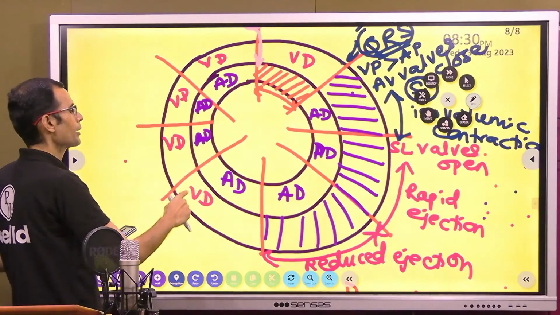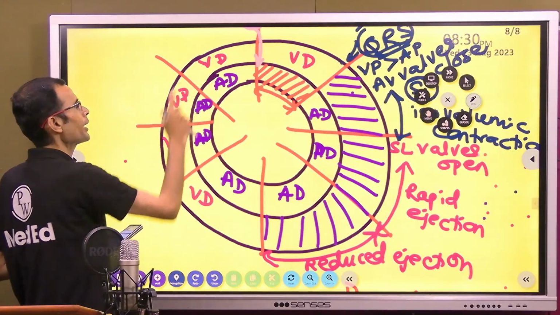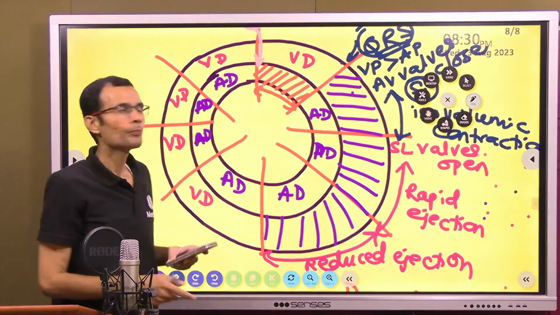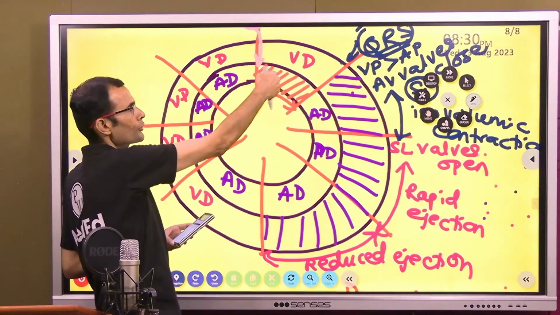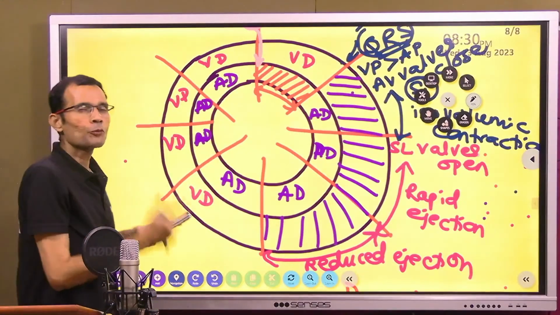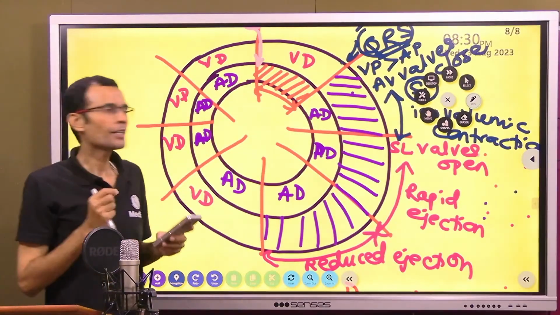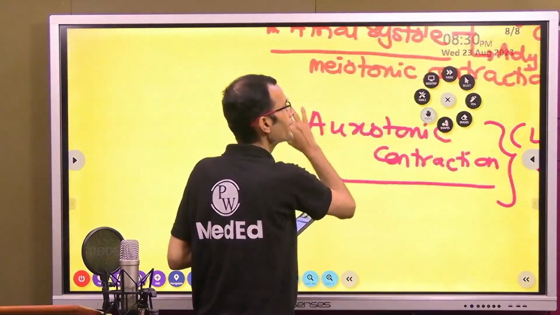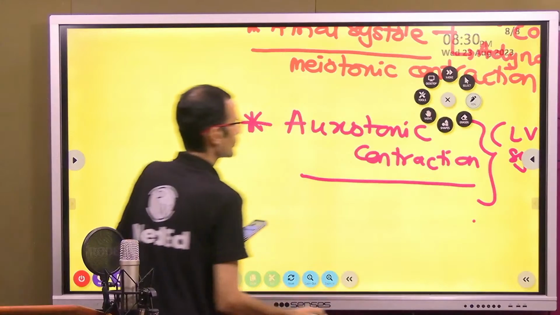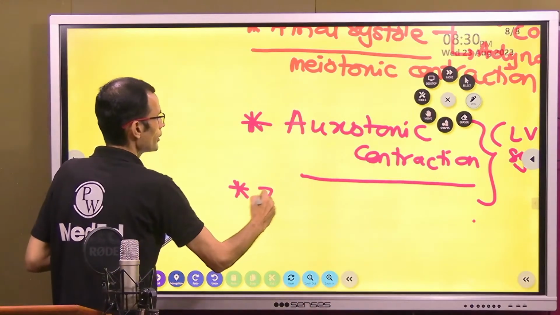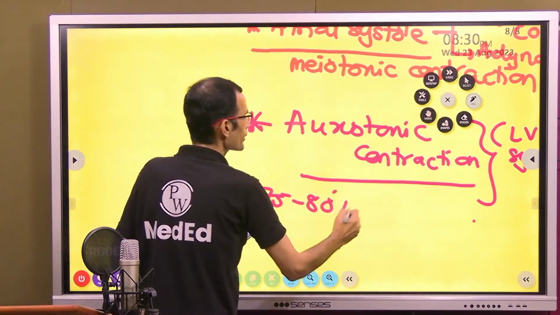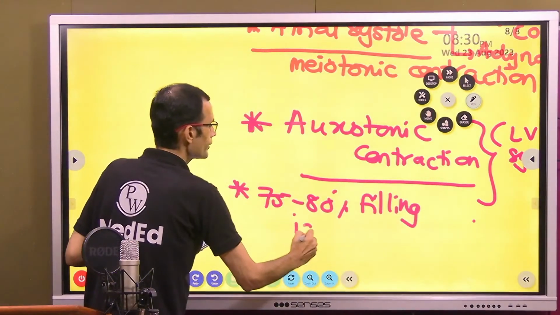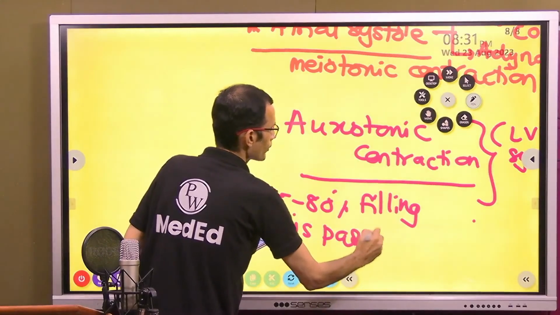Only the last part of the ventricular diastole coincides with atrial systole. Which means that 75 to 80% of the ventricular filling is passive.